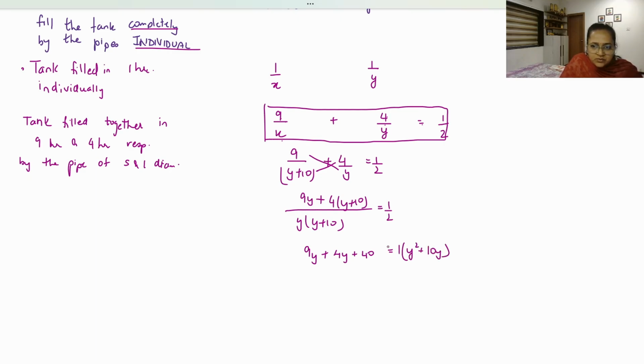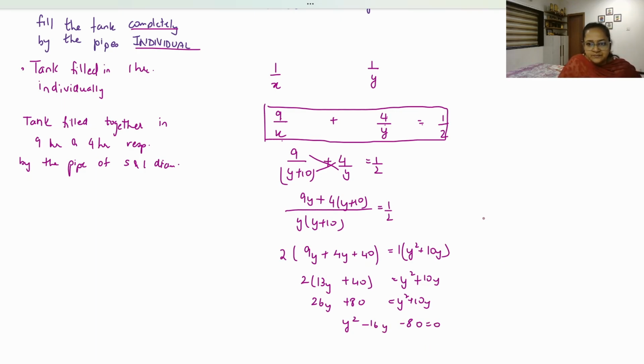We are multiplying this with 1 and this division will come here and become multiplication with 2. So we have twice 13y plus 40 is y square plus 10y. 26y plus 80 is y square plus 10y, which is going to give me y square minus 16y minus 80 as 0.